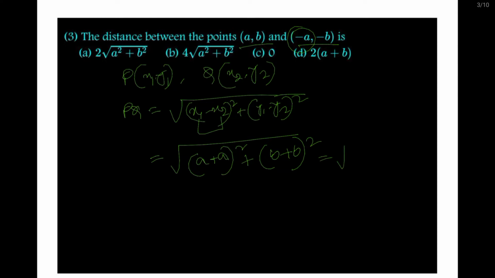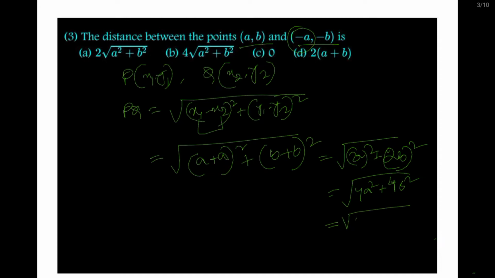So it will become (2a) whole square plus (2b) whole square. So you get 4a square plus 4b square. So it will be the square root of 4(a square plus b square). The square root of 4 becomes 2 and gets out of the square root, and the remaining thing will be a square plus b square within the square root. So this is the answer.